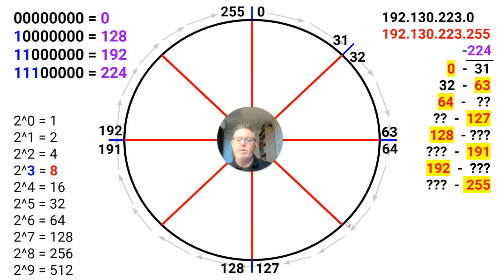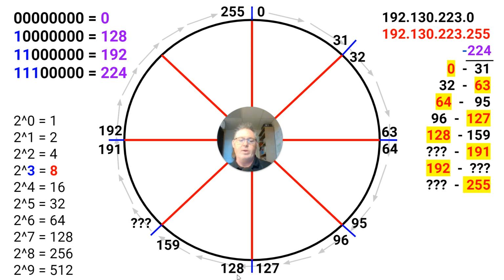So how do we figure out this number? Well, we add the magic number of 31 to 64, and that gives us 95. We then know the next number to start this 4th range is going to be the next available number, which is 96. We already know 127 and 128 from prior processing.